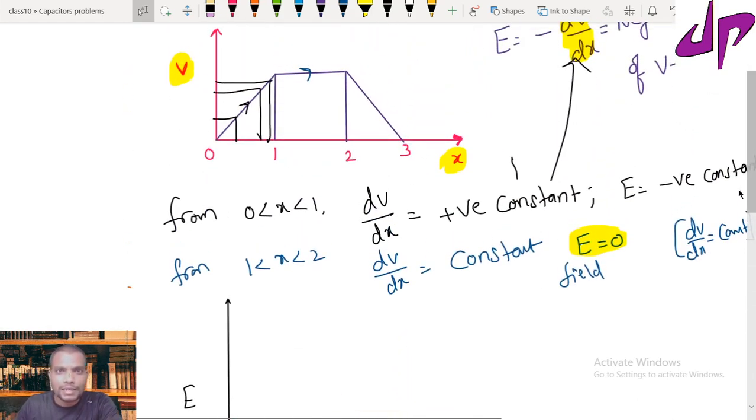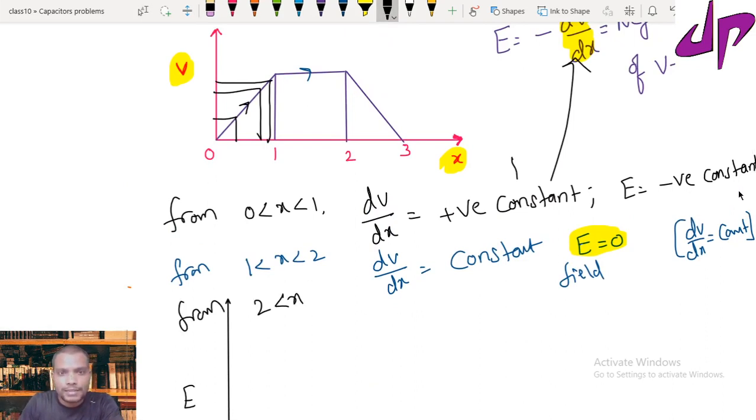Now for the third case, 2 less than x less than 3. In this case, the line is falling down. It means when x increases, the potential decreases.